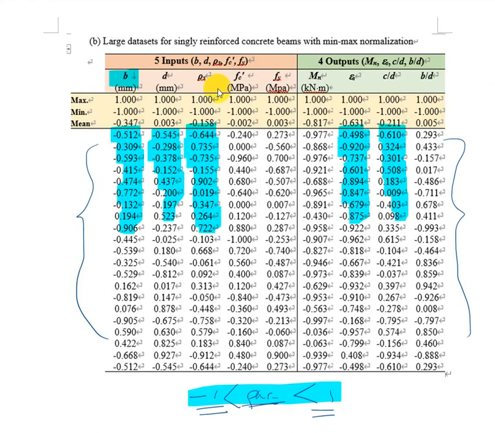Of course, if you see the ranges, the maximum and minimum number is always this. Even though you don't see -1 and 1 here, this is the range that you normalize, the same all the way here. But the mean value is not exactly 0 here, a little less than 0, because your big data consists of these statistics where the mean value is a little less than a standard, which is minus 0.347, whereas this one, D, is close to 0.